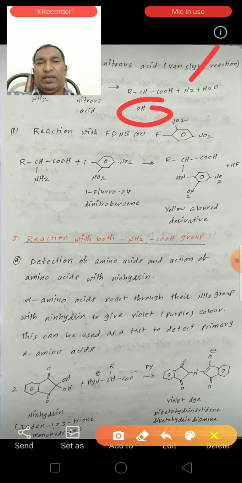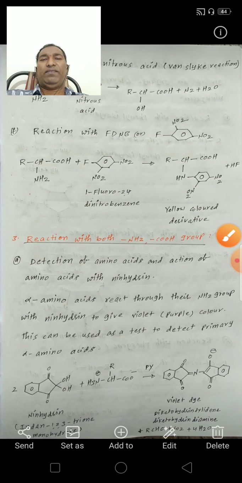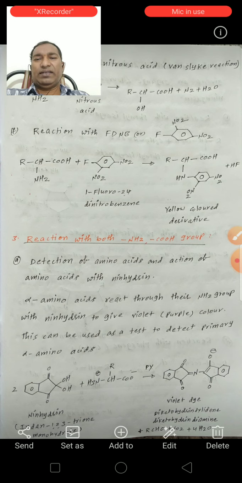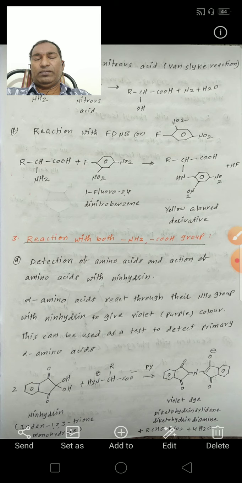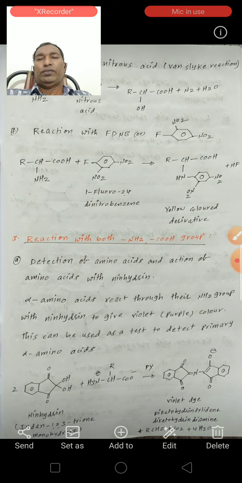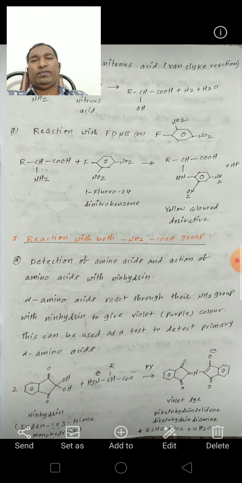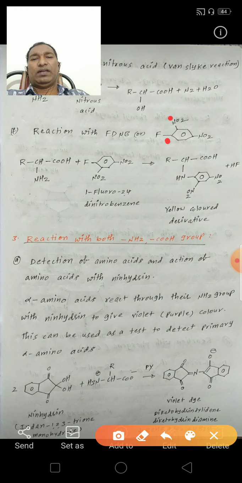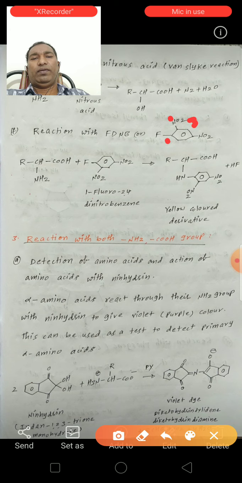Next reaction is the reaction with FDNB, 1-fluoro 2,4 dinitrobenzene. See, this is the numbering: first carbon, second carbon, third carbon, fourth carbon, fifth carbon, sixth carbon.